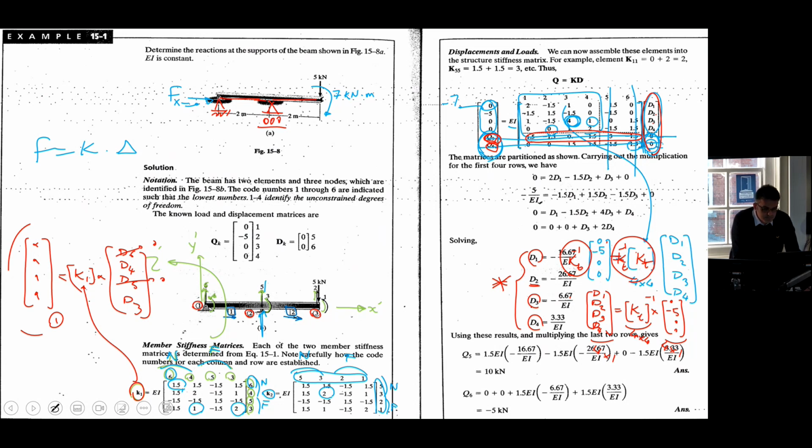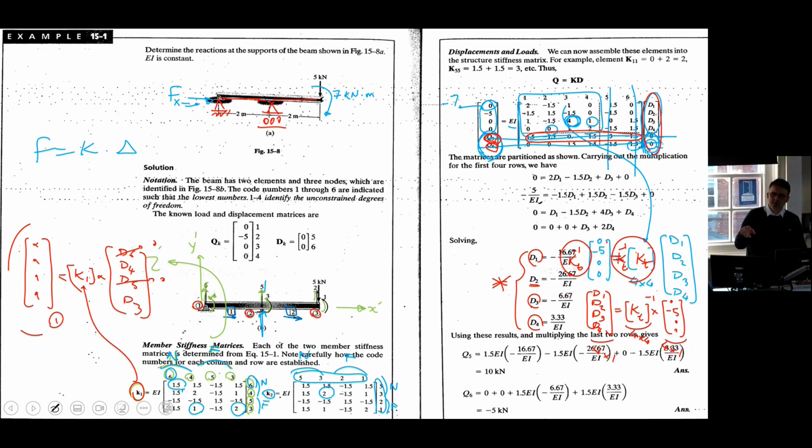Any other question? If you really understand this example fully, you don't have any problem to solve any kind of beams. I think so. The rest of the examples are probably similar. And also your coursework like this. I don't remember exactly, did it have a spring or not?